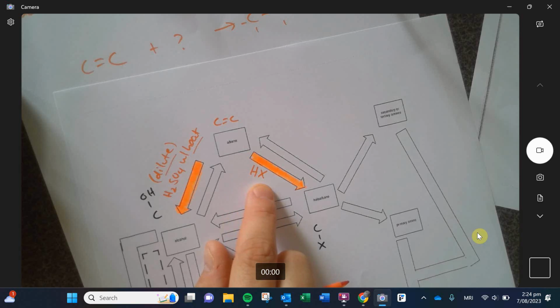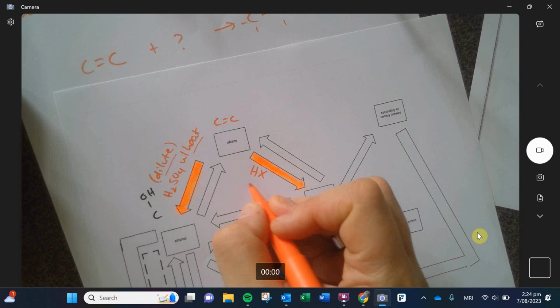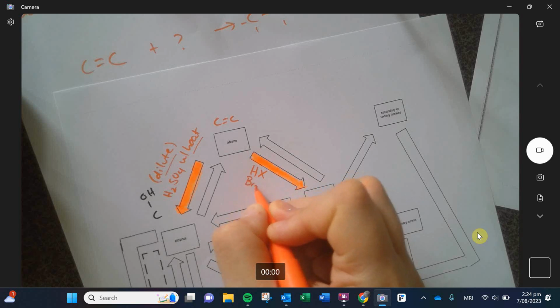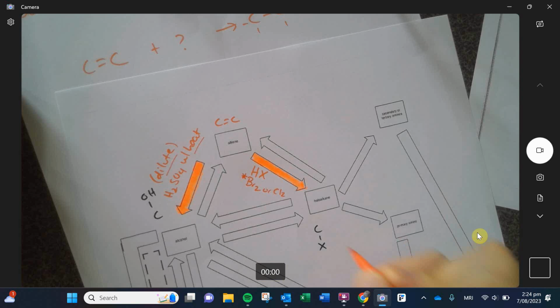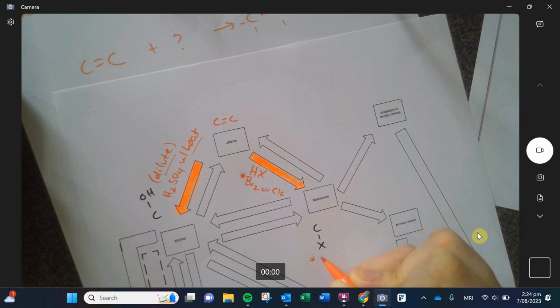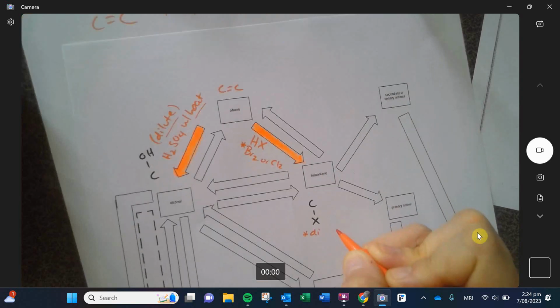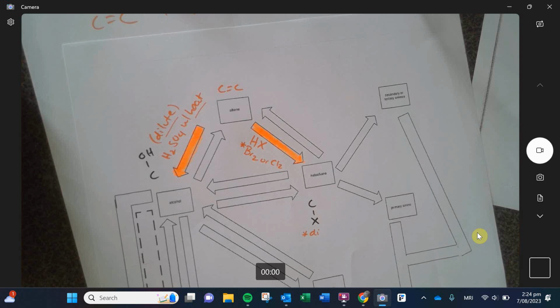So I can add that to my alkene and that would convert it. The other option is I could use bromine or chlorine. I do have to remember if I do those things, we are making a di version of it. So either dibromo or dichloro.